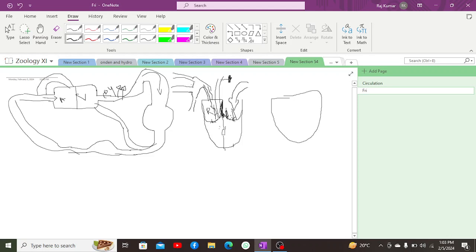The region in which the deoxygenated blood from the right atrium arrives in the ventricle is known as the cavum pulmonale, and from the cavum pulmonale the blood is then transferred into the pulmonary artery into the lungs.